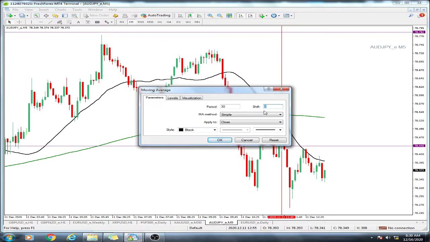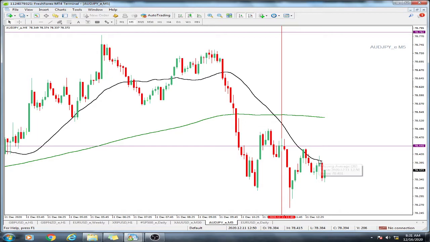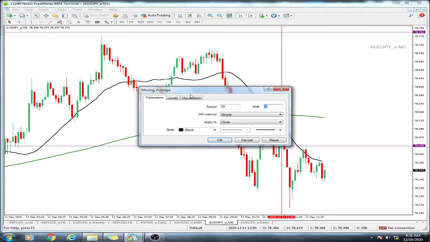So if you say from candle 1, it means from the immediate previous candle. Sorry, I meant if you say candle 1, you're basically saying calculate from the next candle. That is assume that there's a candle which has just started and calculate from that candle.